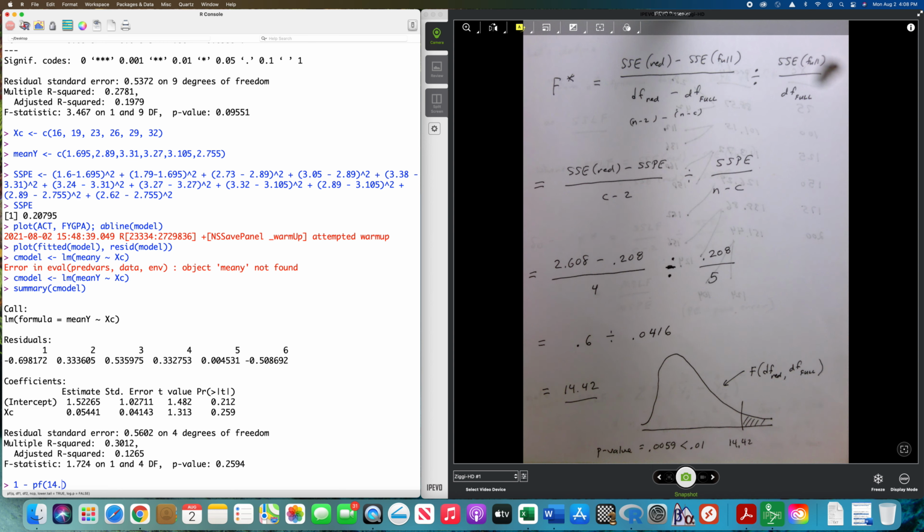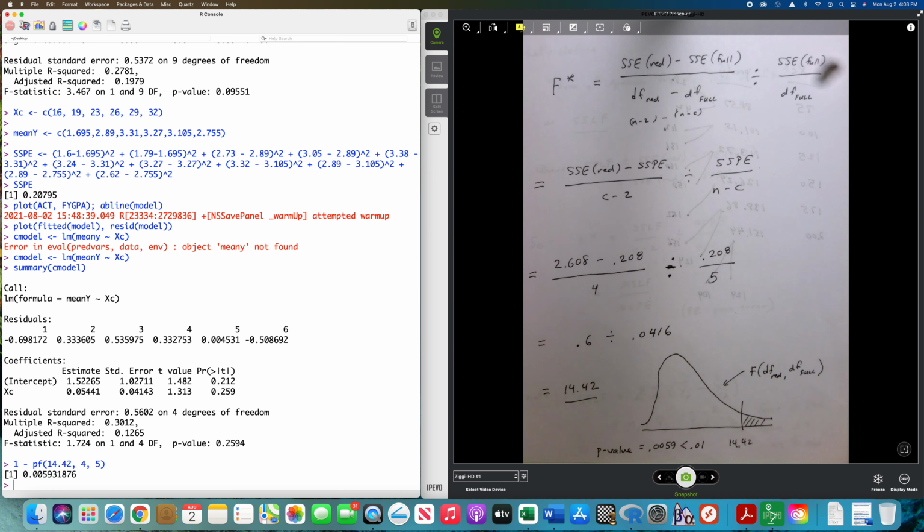So I need 14.42, degrees of freedom for the reduced, I think was 4, right? Yeah, and degrees of freedom for the full, or SSPE, was 5, yeah. So you can see that the p-value is 0.006.